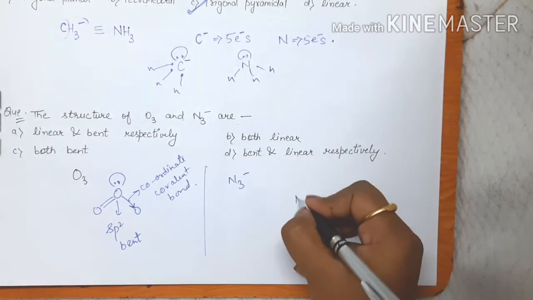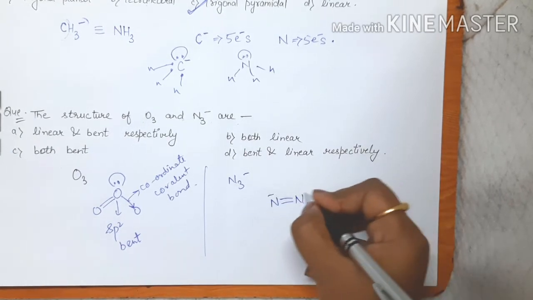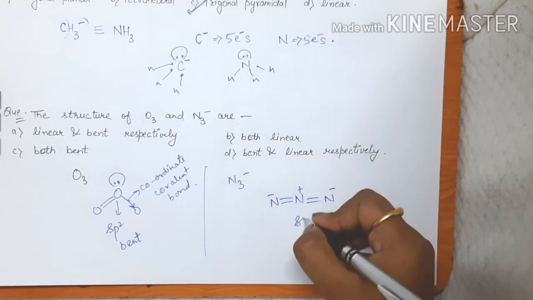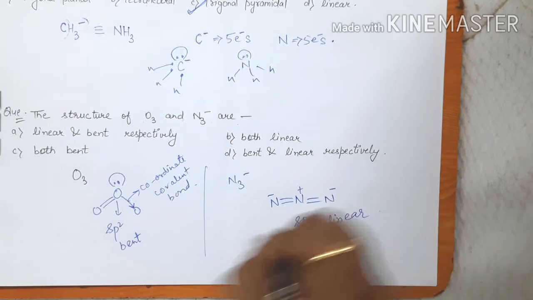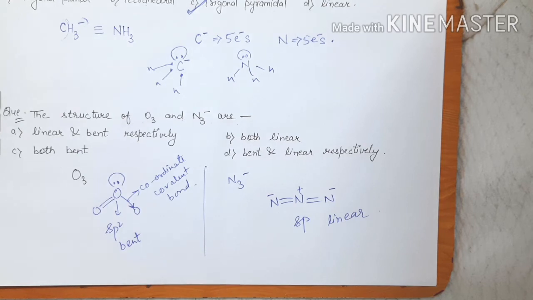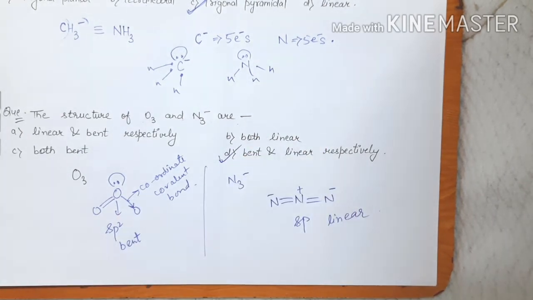That also you know, it is linear like this, negative, positive, negative. It is sp hybridized and linear in shape. So O3 is bent and N3 negative is linear. So the correct option will be option D, right?